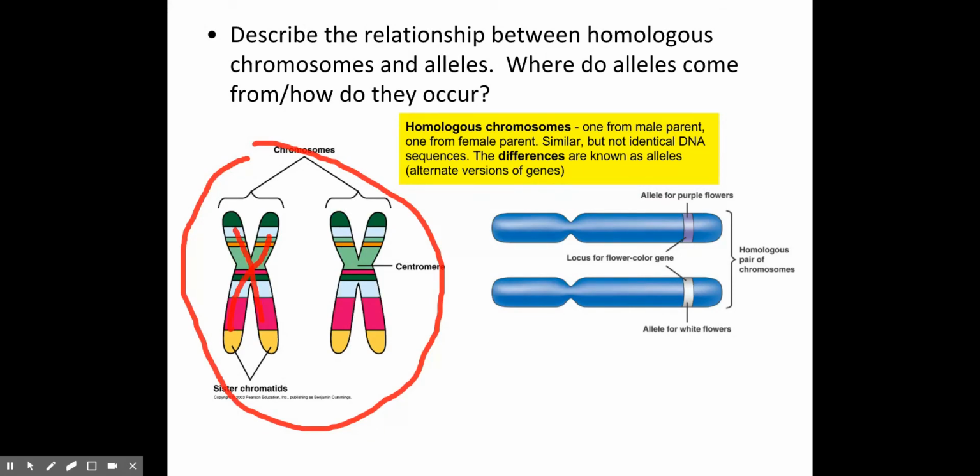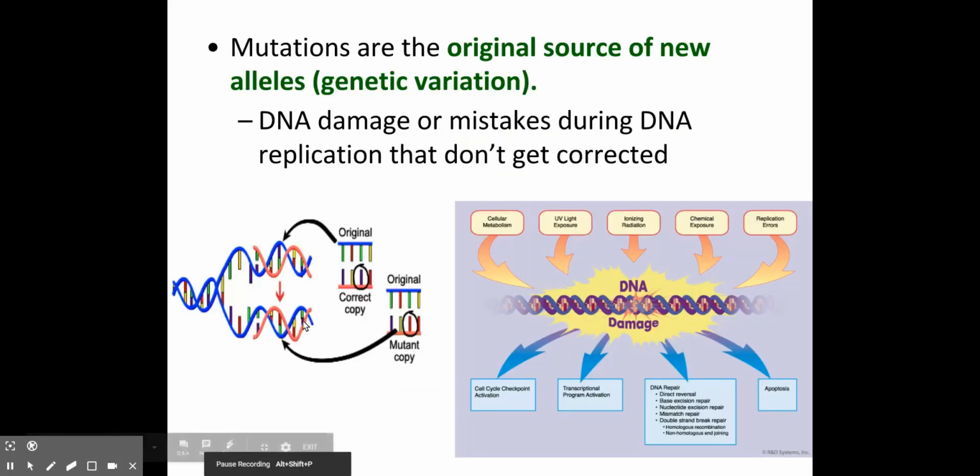And then we're going to look at the interaction. If 2 homologous chromosomes have different versions of alleles, we'll look at that and see which one the flower will actually be. Will it be purple or white? But this is where those differences come from. It's going to be where you have a slightly different DNA sequence on that gene right there.